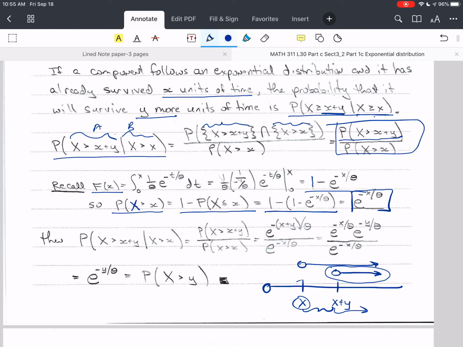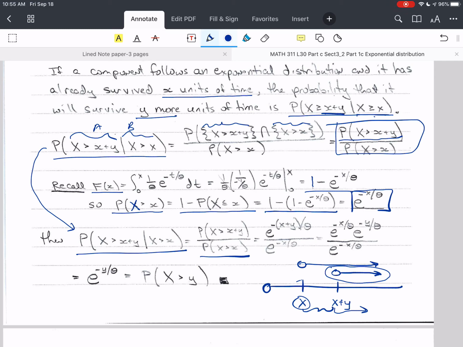Okay. So we can plug that in now. I'm going to go back and rewrite this just to be clear for you: we have our conditional probability that X is greater than x plus y, given that it's greater than x, is equal to the probability that X is greater than x plus y over the probability that X is greater than little x.